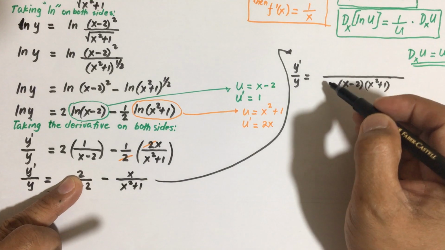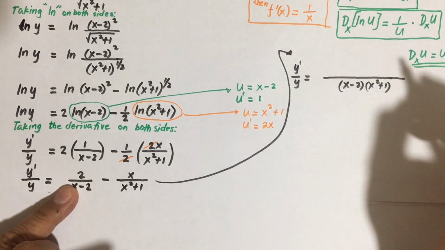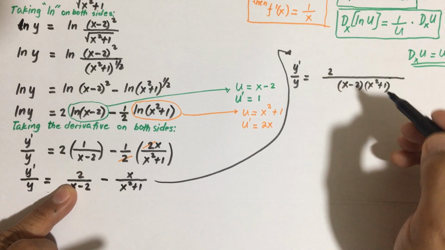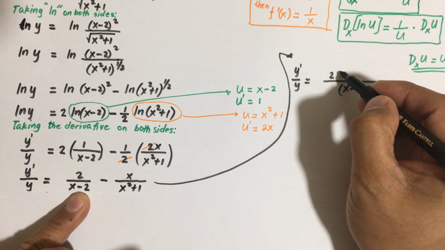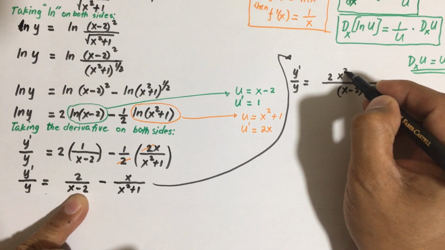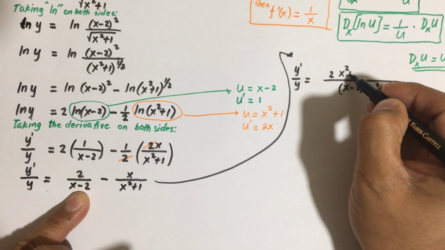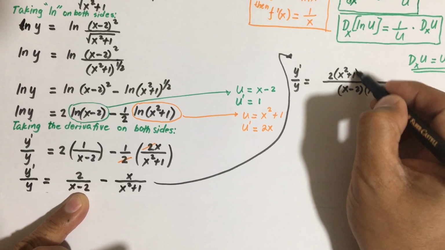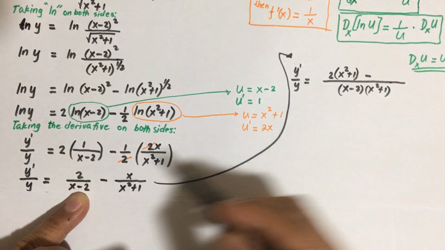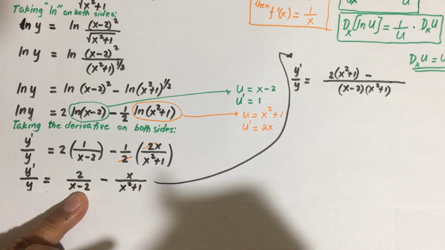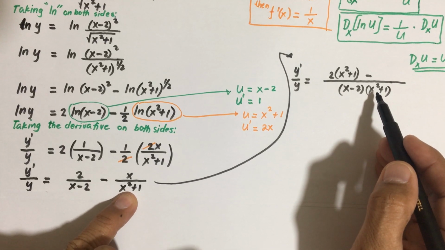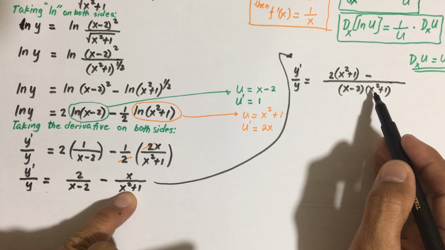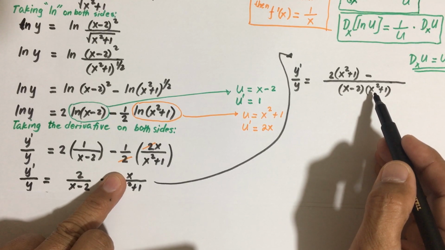So that would be 2 times x squared plus 1, then minus. This is minus here, so this is also minus. So this LCD divided by this one, what is left is only x minus 2, then multiplied by x.